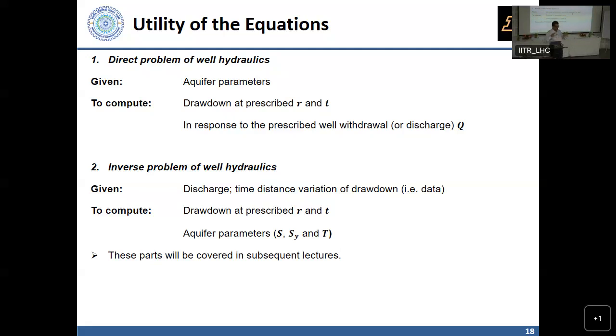We measure those quantities and try to infer what the transmissivity or the storativity should be based on our theory, so that our observations and model simulations look as close as possible. So that is our inverse problem. For both of these, whether it's a forward problem or an inverse problem, we will make use of these equations to help us do this.